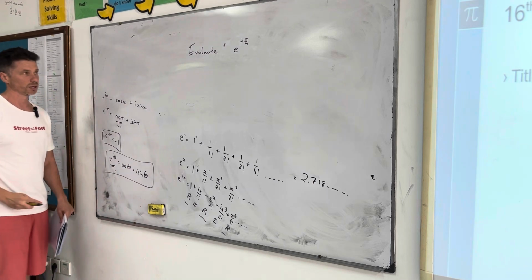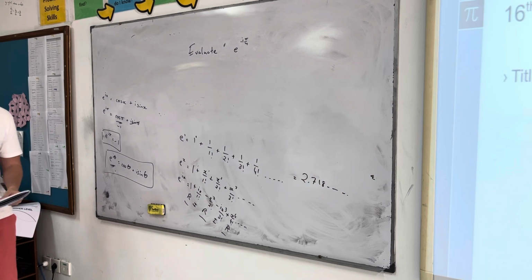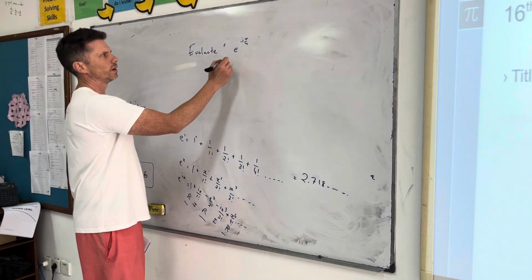So evaluate it would be get it down to Cartesian form. What would that look like? Okay, what can I do with this?